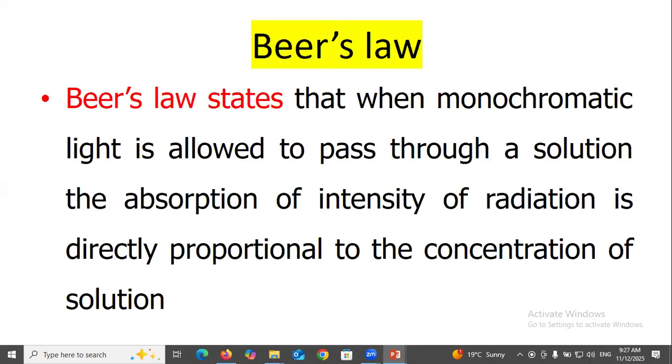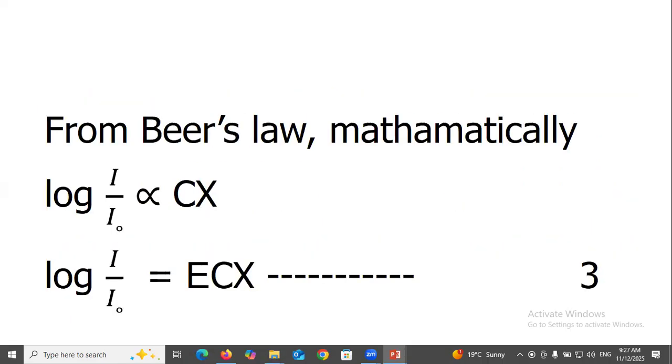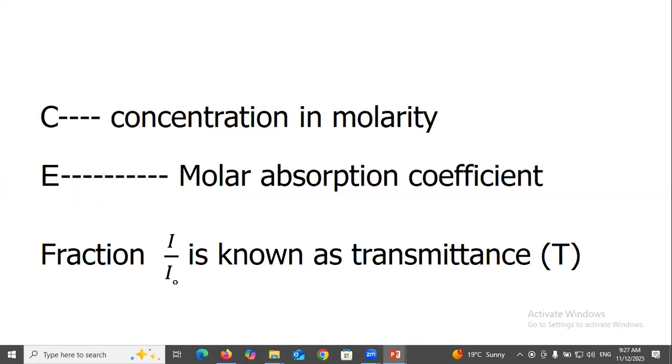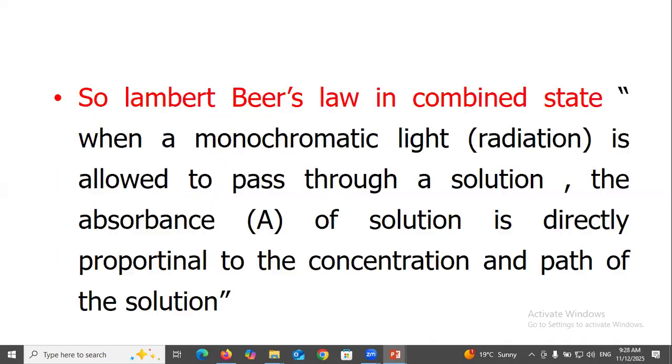radiation. Beer's law states that when monochromatic light is allowed to pass through a solution, the absorption of intensity of radiation is directly proportional to the concentration of the solution. From Beer's law, mathematically, log I over I naught proportional to Cx, log I over I naught equal to ECx. C is the concentration in molarity, E is the molar absorption coefficient, and the fraction I over I naught is known as the transmittance.